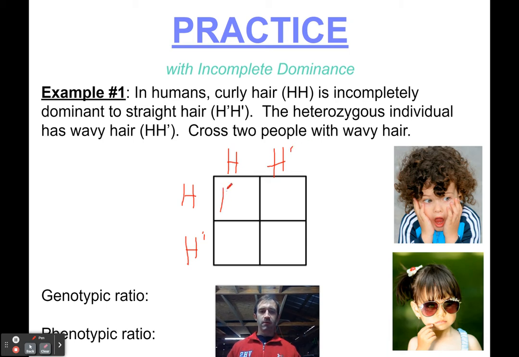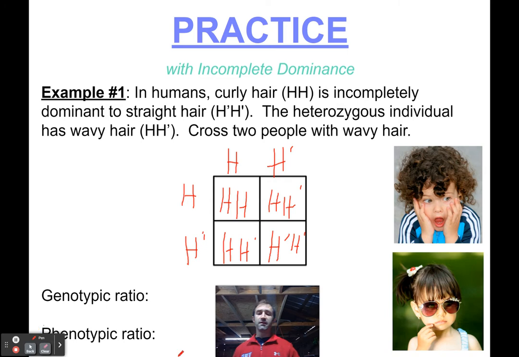So big H, big H, big H, big H asterisk, big H, big H asterisk, big H, big H asterisk, big H asterisk. Almost there. Okay, good.